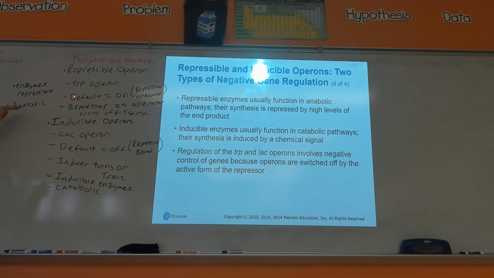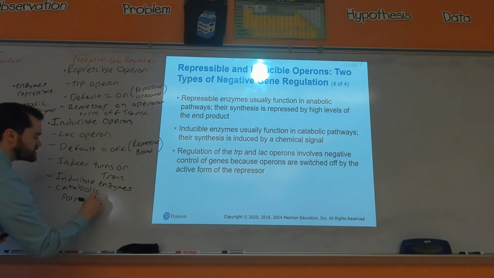Tryptophan was something we built. It makes sense when you build things. When you have enough of what you build, you want to stop building. Anabolic, that was a fancy metabolism word for saying you go from monomer to polymer, right? You're building things up. Catabolic was the opposite. That's where you go from polymer down to monomer.